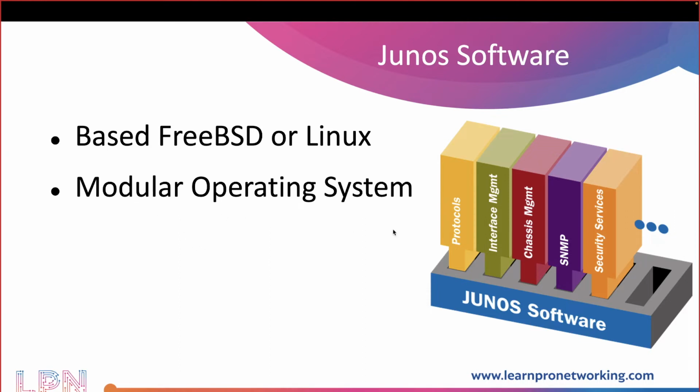Because we have a modular operating system, which is like a socket, if any new services or new devices need to be connected, I can plug them in. I can unplug one device, plug in the other device and turn it on. That's it. If you want to restart one of the modules, you can do it. It is not going to affect the others. So that is the advantage of going for a modular operating system.